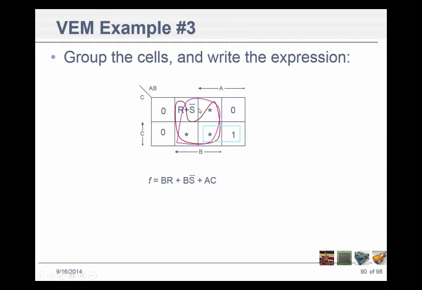And then multiply through the B, and I get B and R, or B and not S. Or I can just start from the beginning and group that R with the stars and group the S with the stars and just write it out that way.